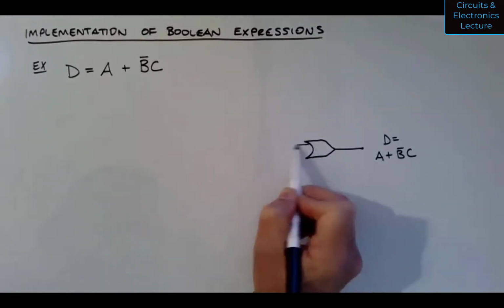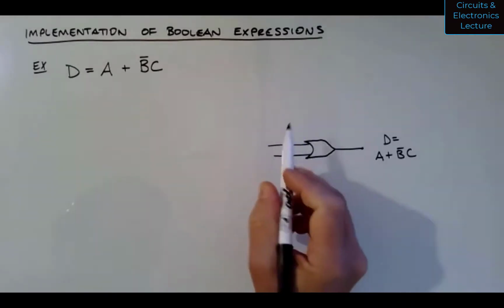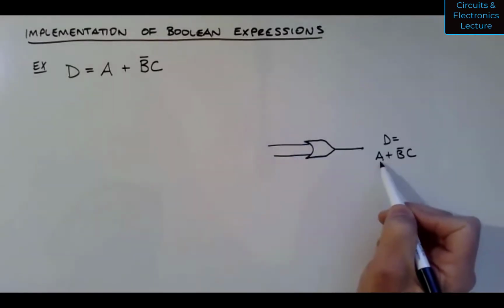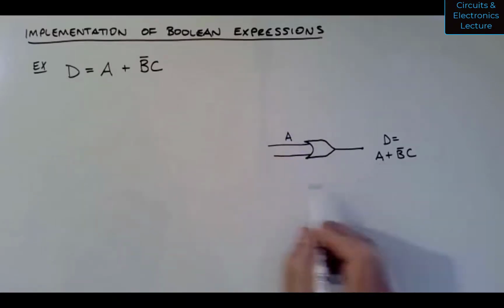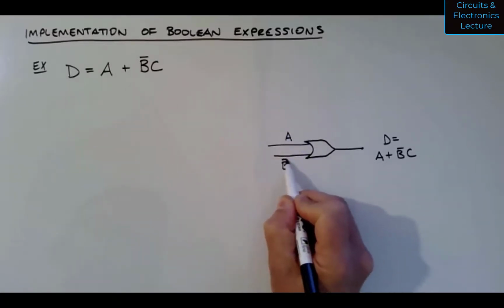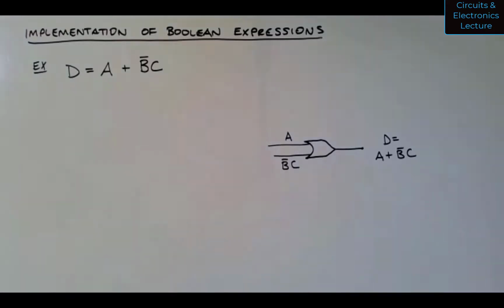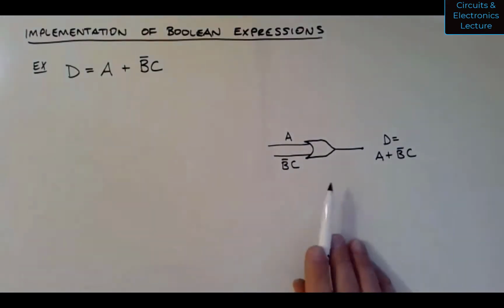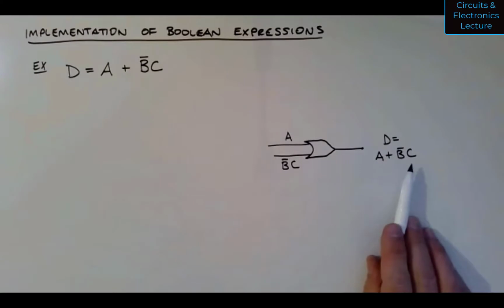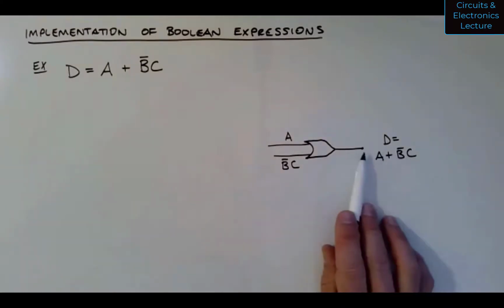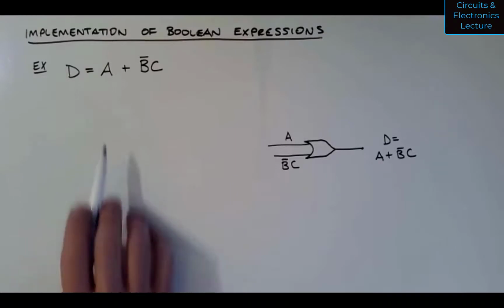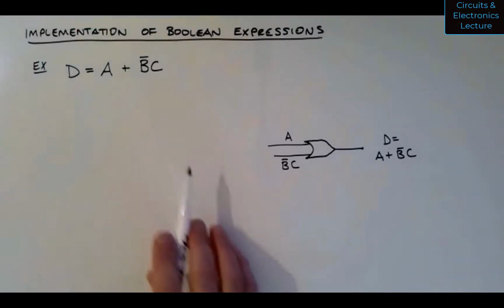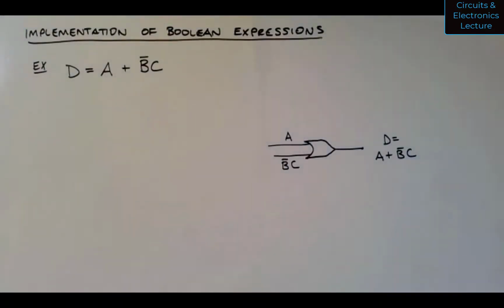And at the input of the OR gate, I want A, and then B inverse times C, or B inverse ANDed with C. What I'm trying to do here is get from inputs that are just A, B, and C to the output. I assume A, B, and C are the logical values that I have.